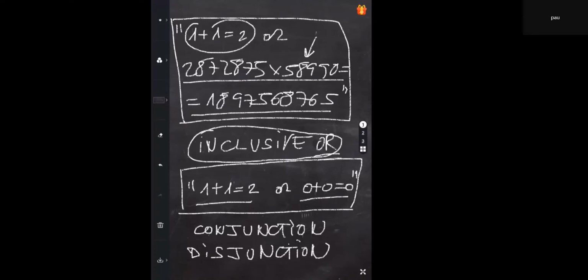These are compound statements, and they are built upon more basic statements. And we have seen two of them only, conjunction and disjunction. And please, please remember this, because otherwise you will run into infinite mental loops.